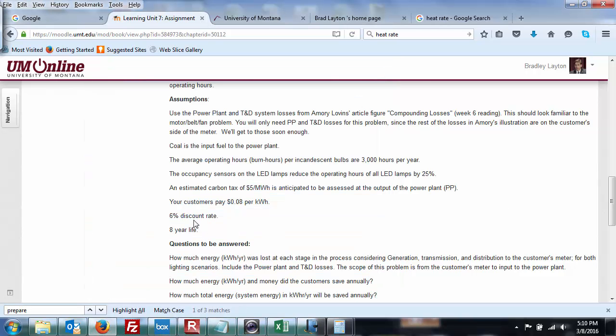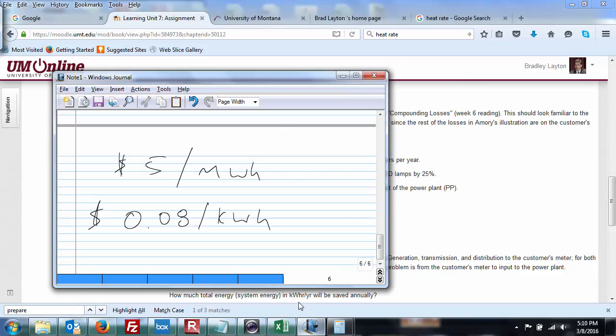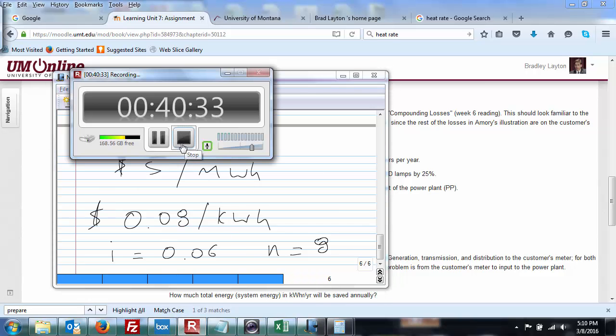And we're looking at a 6% discount rate, 8-year life. So i equals 0.06, n equals 8. All right, and I think I've been going for a while now. I'm going to take a break, and we'll get back and solve it.